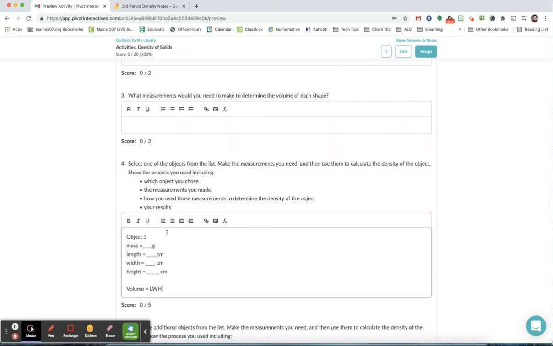Volume equals LWH equals whatever the length was in centimeters, times whatever the width was in centimeters, times whatever the height was in centimeters, equals something centimeters, and you can do it that way as centimeters cubed.